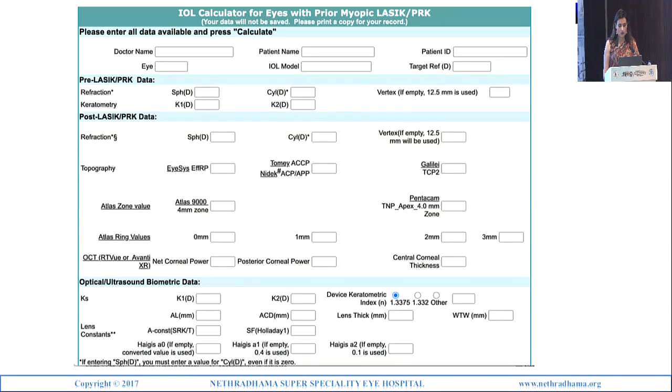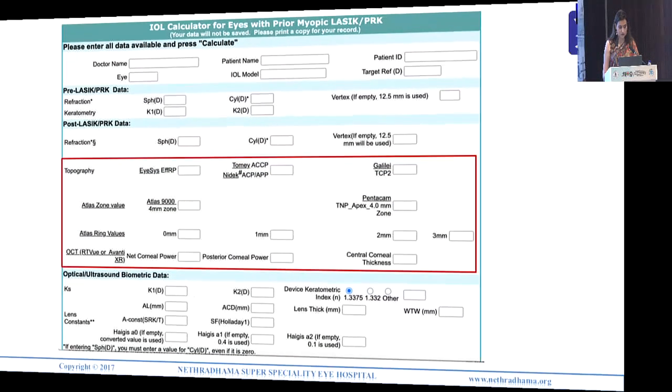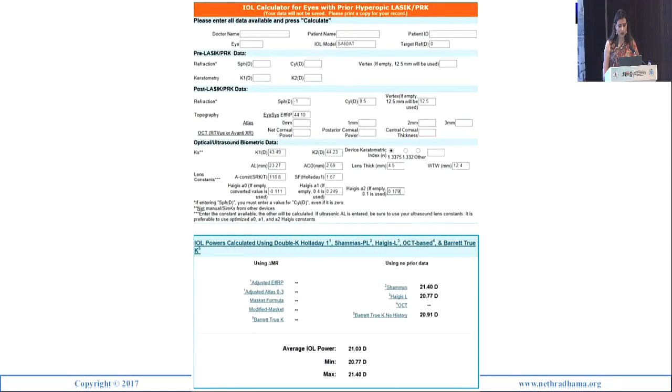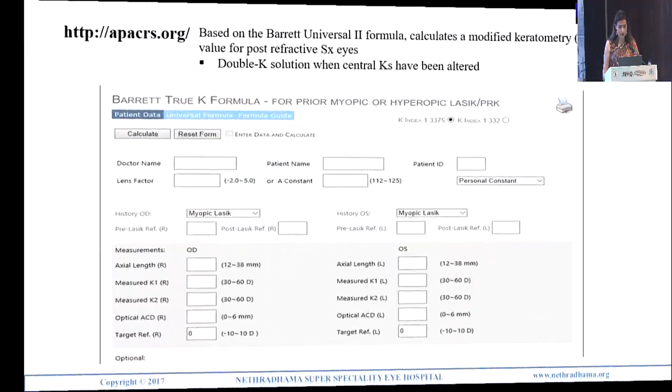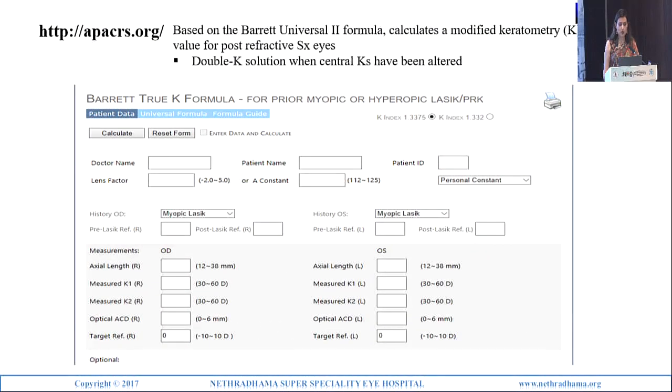You can use their specific values, and the topography-based formulas can also be used. Once you have put in all the data available to you, depending upon what is available, it will automatically give you the IOL power which is feasible with the formulae incorporated in this.